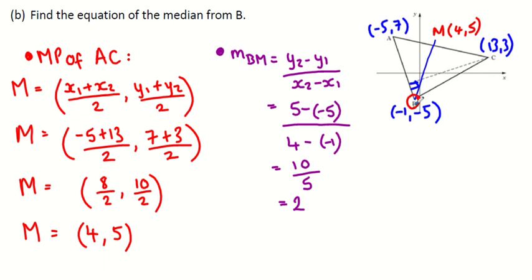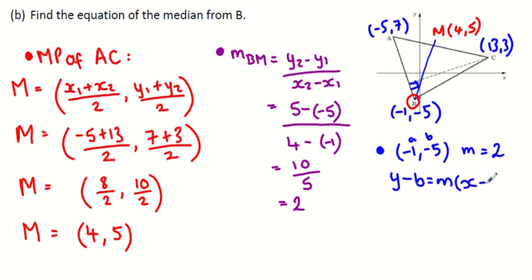And then the last step is to substitute in the coordinate B or M, but you're probably better off to substitute in B because you know that coordinate was given in the question, so it's definitely correct. So I'm going to substitute -1, -5, and also 2. Sub that into the equation of a straight line formula.